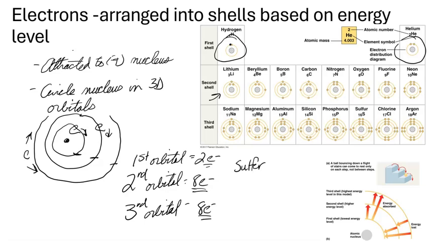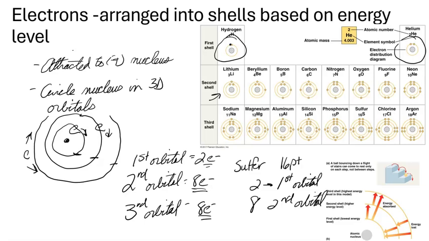Okay? So take something like an atom of sulfur. Sulfur has a total of 16 protons. Because it's an atom, that means it has to have 16 electrons. And so with 16 electrons, where do we put them? Well, 2 of them can go into the first orbital. But now that orbital's full. 8 can go into the second orbital.